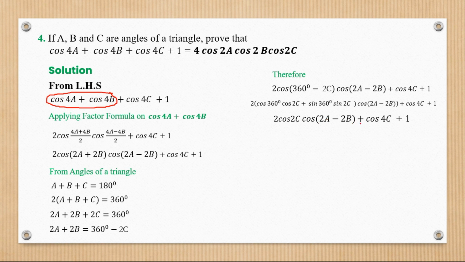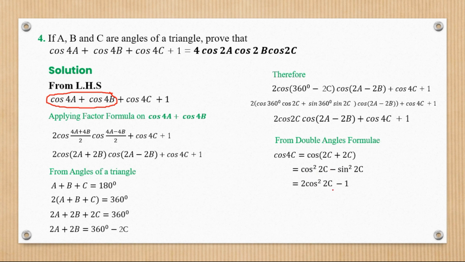Alright, so now we can deal with this side. From double angles, we know that cos 4c becomes that. So next one it becomes that. But now when you look at this side, we have a 2 cos 2c here, so we want to convert this into a format where we retain the cos 2c. So we're going to change this to have a cos squared 2c.